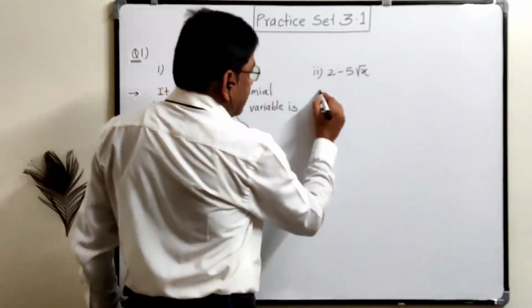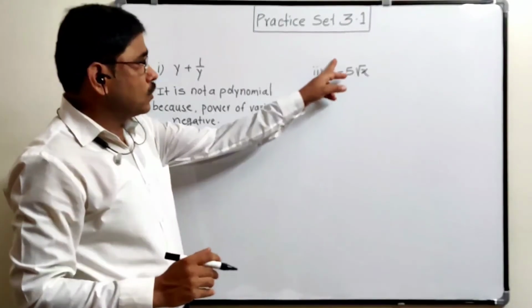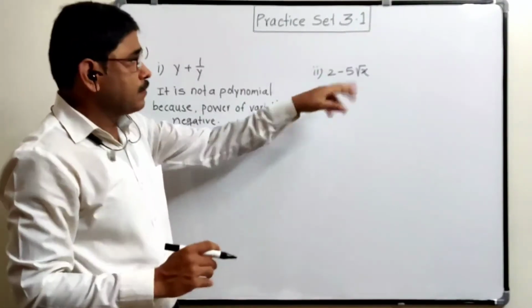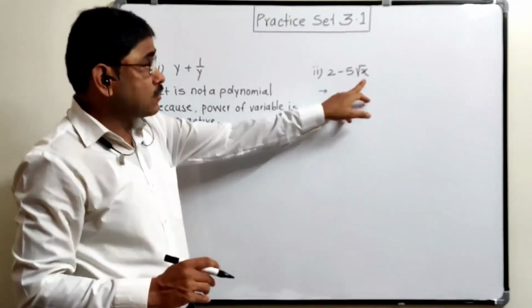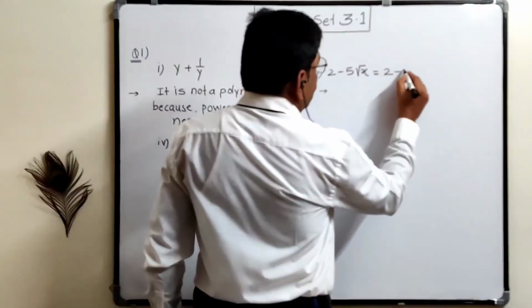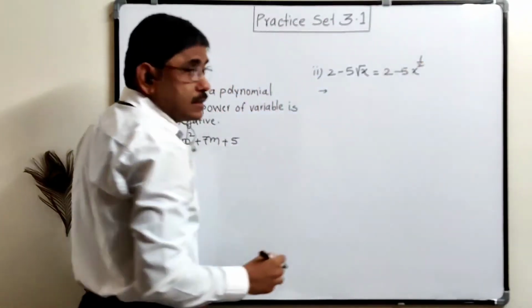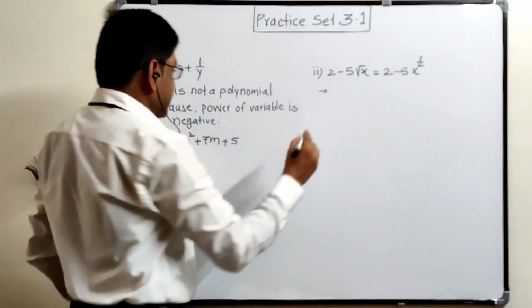Here, second example. Check whether it is a polynomial or not a polynomial. 2, here the degree is 0. Means the power is 0. Here root x means x raised to half. How we can write this one? 2 minus 5 x raised to half. So here the power is fraction. So it is not a polynomial.